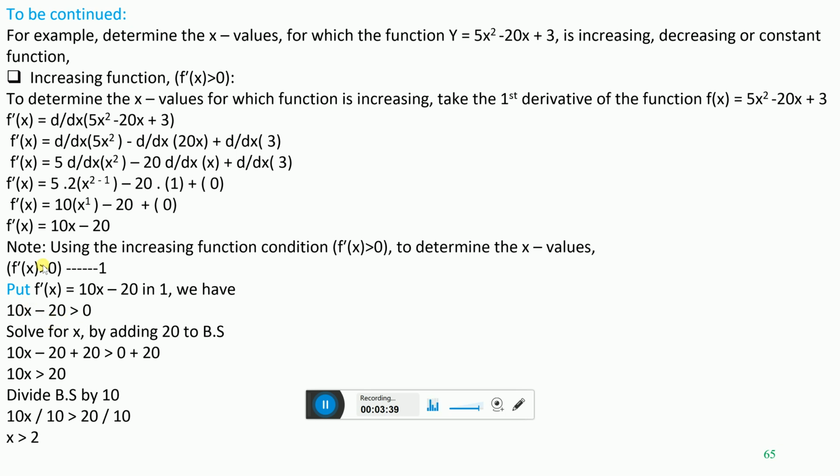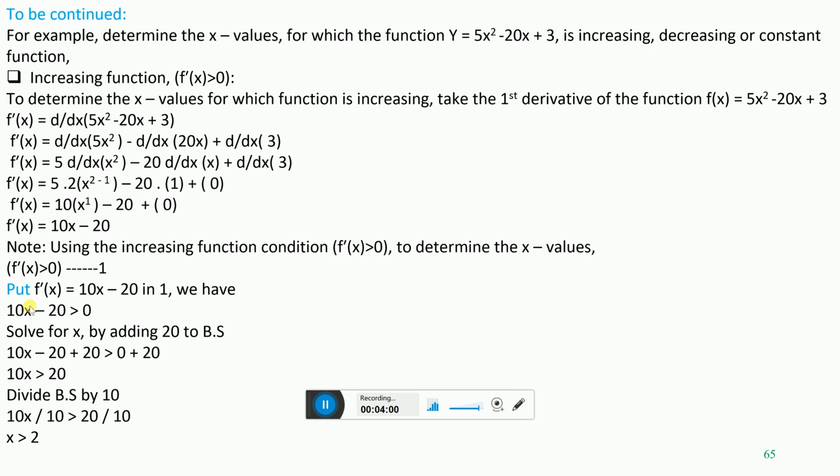I am again repeating. The first derivative value is this, 10x minus 20. First derivative greater than 0. I am substituting for f prime of x this value 10x minus 20 as I did. 10x minus 20 greater than 0. Solve for x. How to solve?